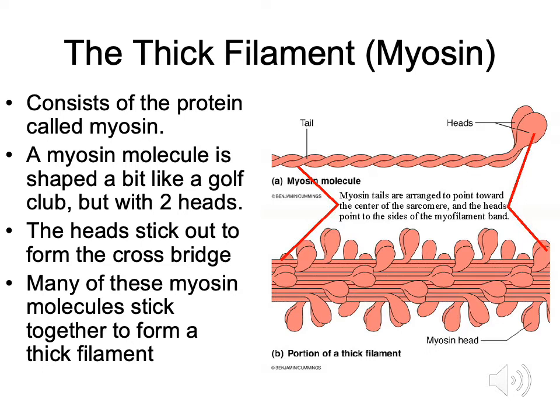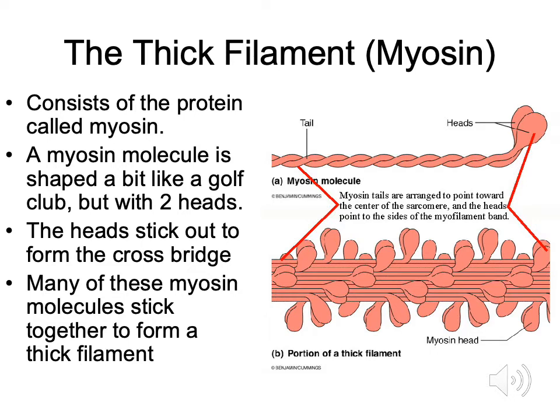So the myosin molecule is shaped somewhat like two golf clubs that are twisted together. You've got the myosin tail, which is the golf club handle, as it were, that points towards the M line in the middle of the sarcomere here. And the tails of all these neighbouring myosin molecules lie parallel to one another and form the thick filament.